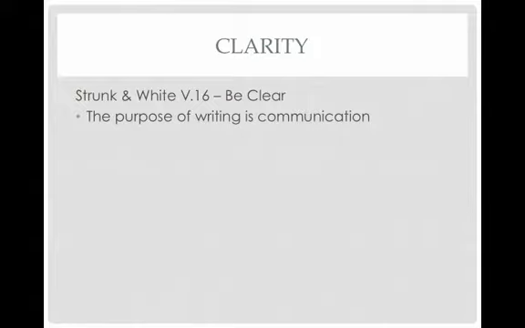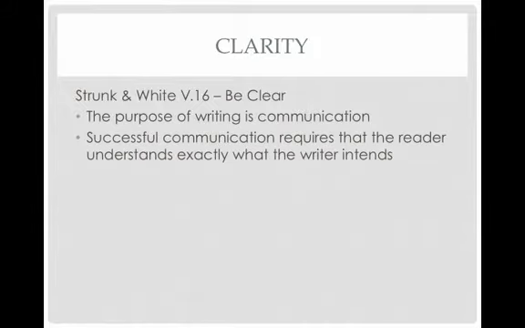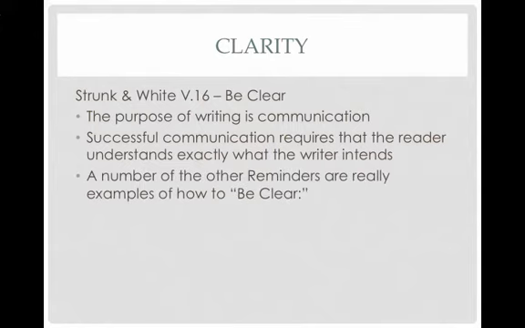The purpose of writing is to communicate, and successful communication requires that the reader understands exactly what the writer intends. Okay, so it's not a game of telephone where you whisper it in one ear and it comes out all garbled on the other. That's not what you want. You want it to be very clear that the reader is getting what you are trying to say. A number of the other reminders in Part 5 of Strunk and White are really examples of how to do this, how to be clear.